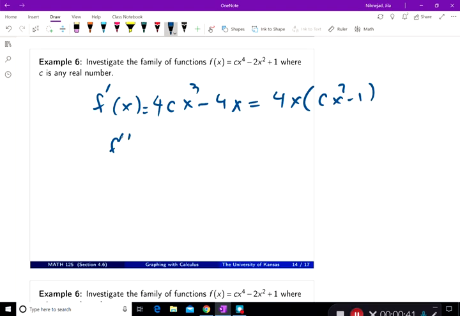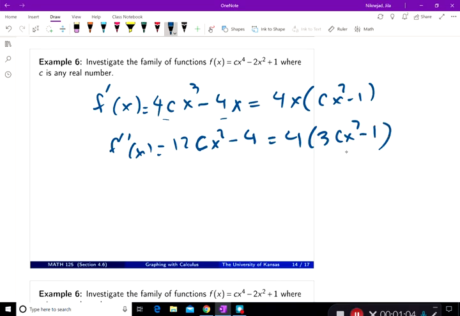And then f double prime of x, I take the derivative this way, so it would be 12cx^2 - 4, which is basically 4(3cx^2 - 1), right? So here, the roots of both f prime and f double prime depend on this c.